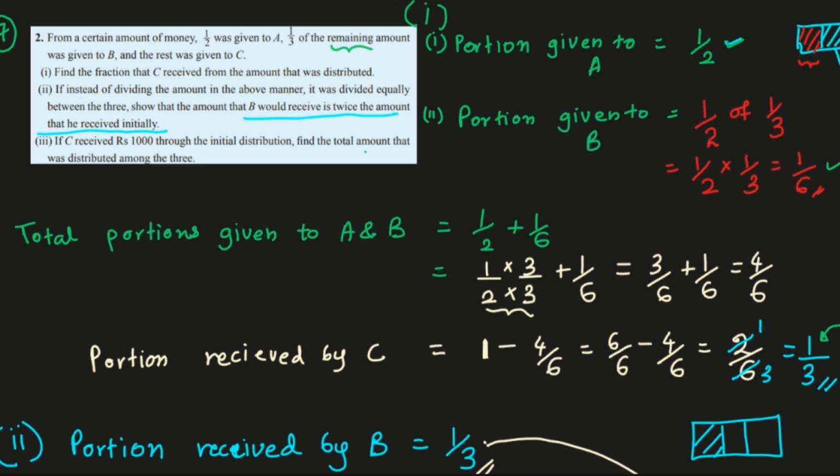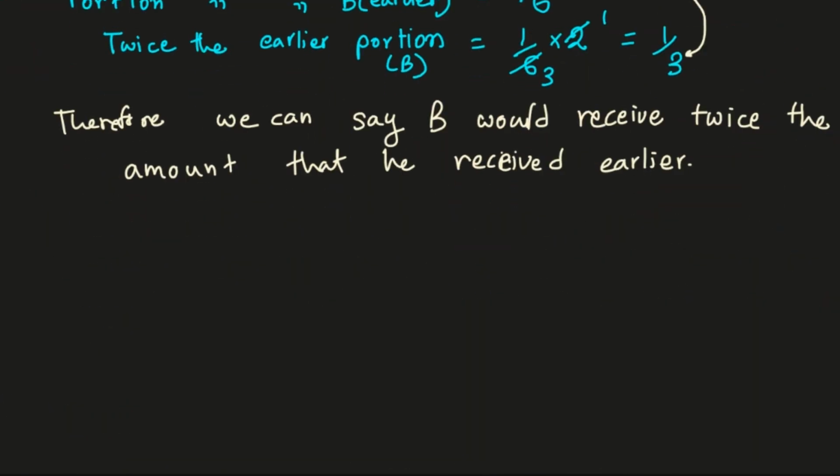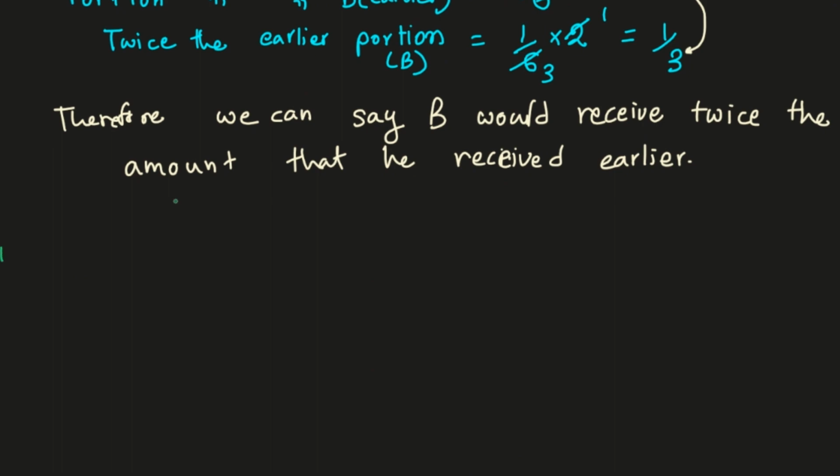So 1 upon 3 equals 1,000 rupees. You can put it in dollars even, if needed, right?